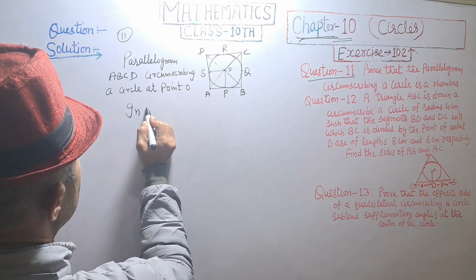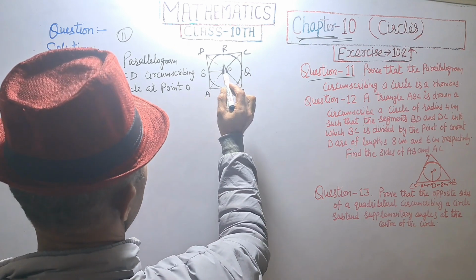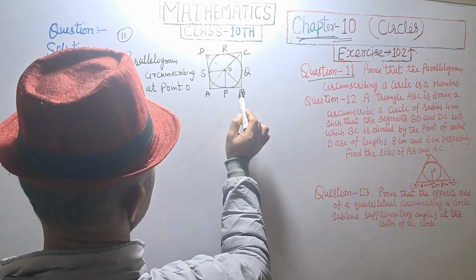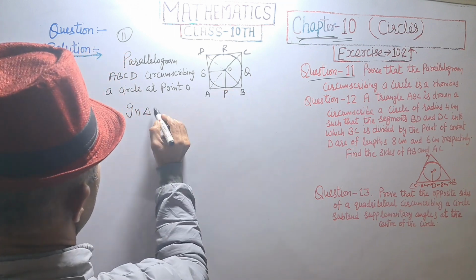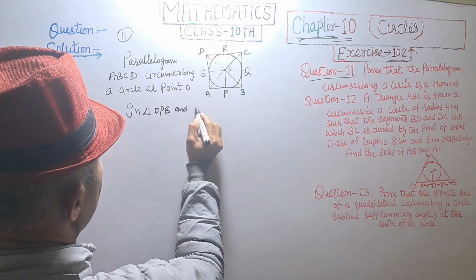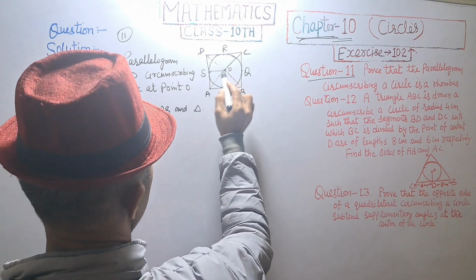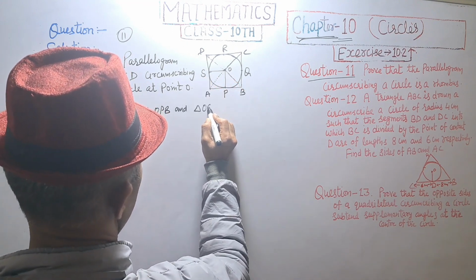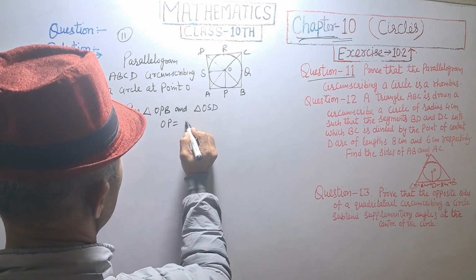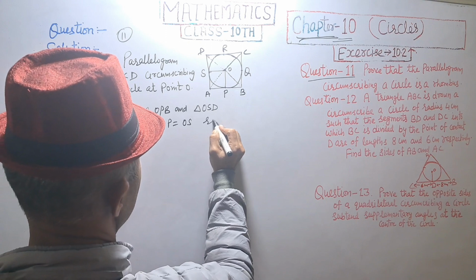And in triangle OPB and triangle OSD, OP is equal to OS, radii of circle.